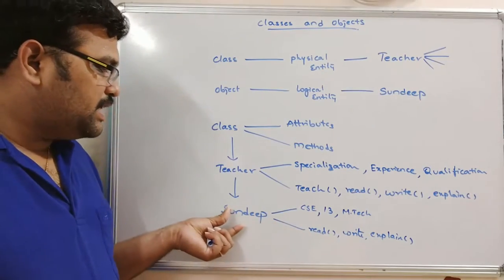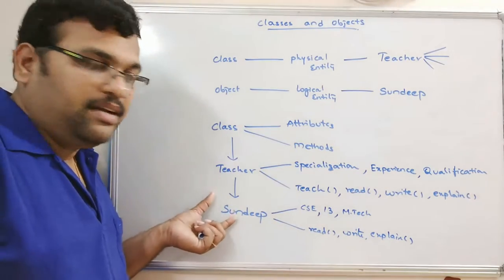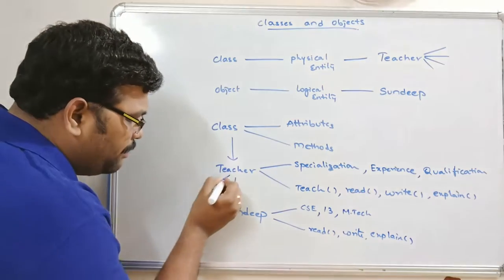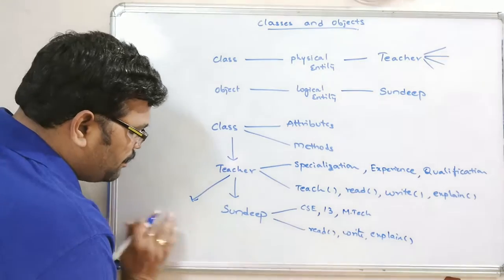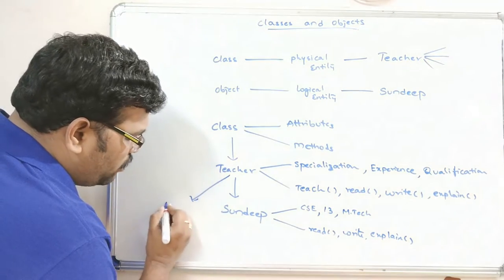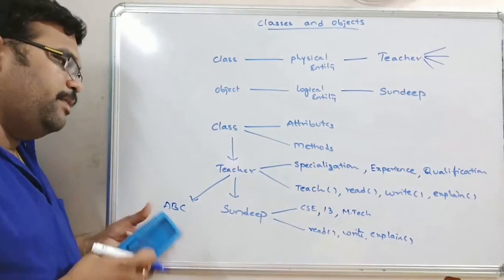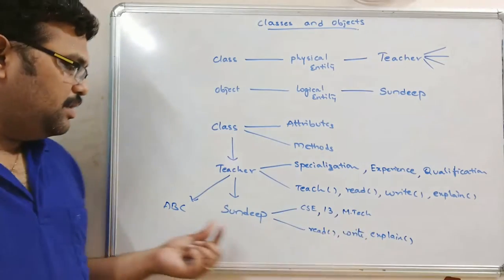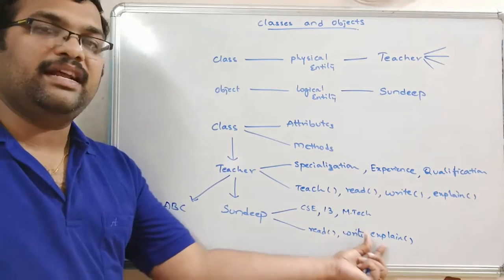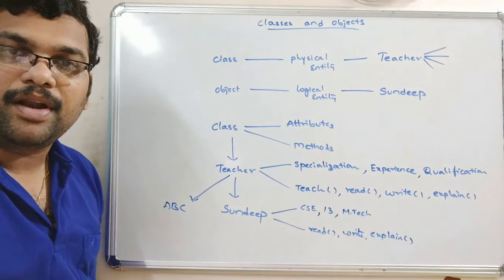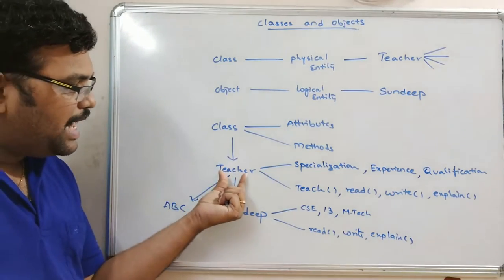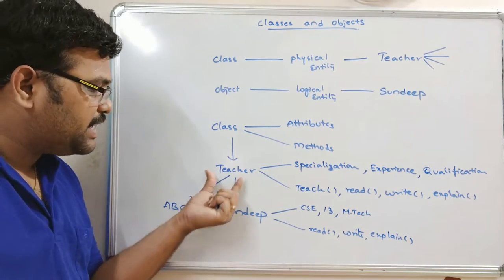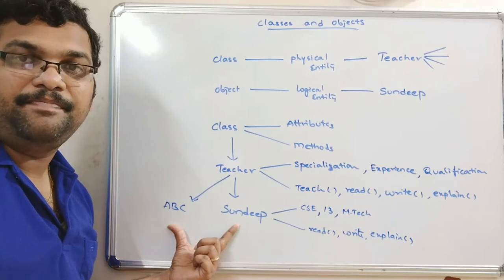So Sundeep is an object, teacher is a class. Similar to Sundeep, there will be another teacher called ABC, who will have some experience, specialization and qualification, and will read, write, explain and so on. So one class can have multiple instances, multiple objects.